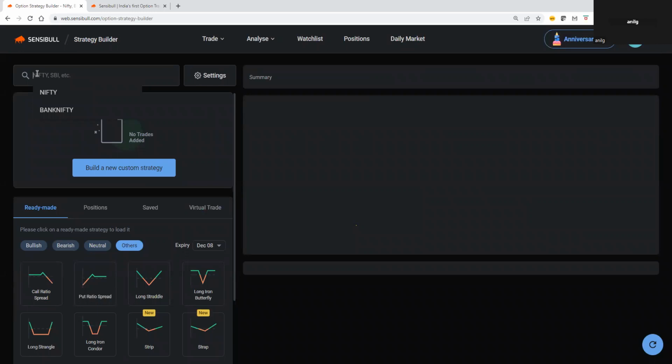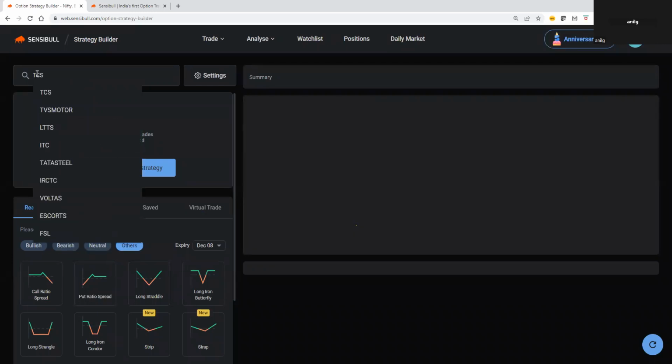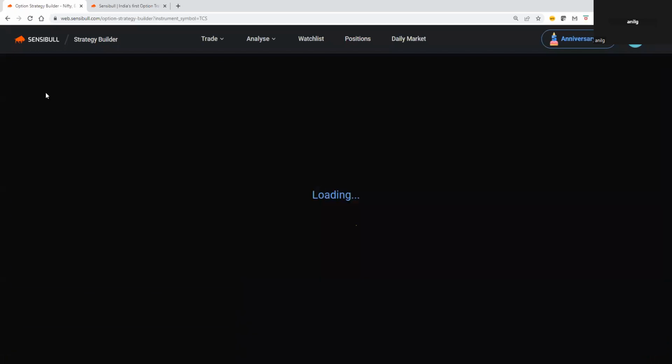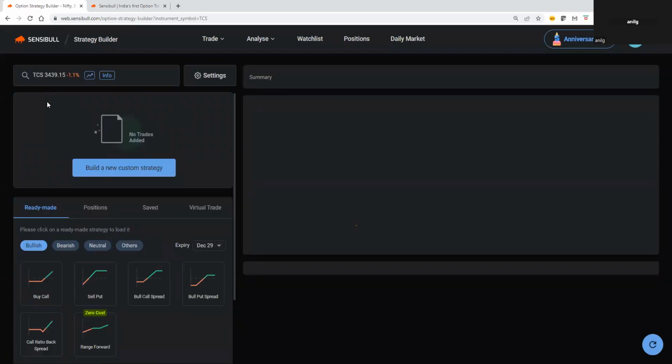Since we are discussing TCS, let me enter TCS. I want to take a trade on TCS. The spot is around 3,450. It has already corrected after a huge rally from 3,150 to 3,450, 300 points.